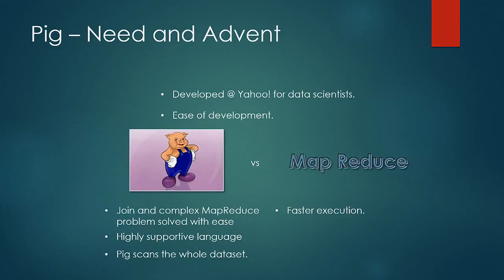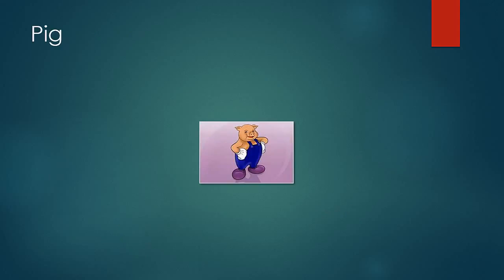Now let us take a look at Pig in a little more detail. Pig has two components. First is Pig Latin, which is the programming language, and second is the environment which is required to run Pig programs. The environment is nothing but a tar file that needs to be installed at the client node, which translates the Pig queries into MapReduce jobs.